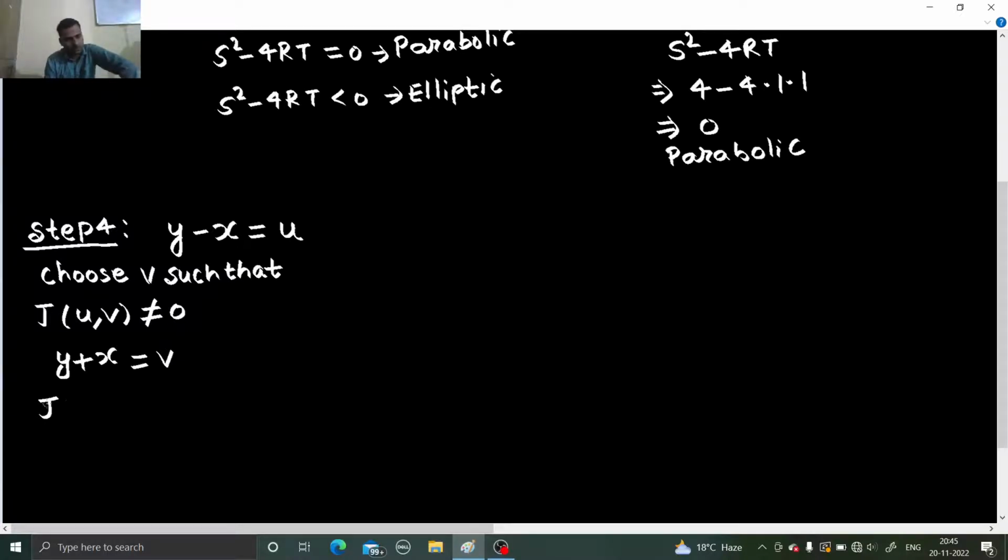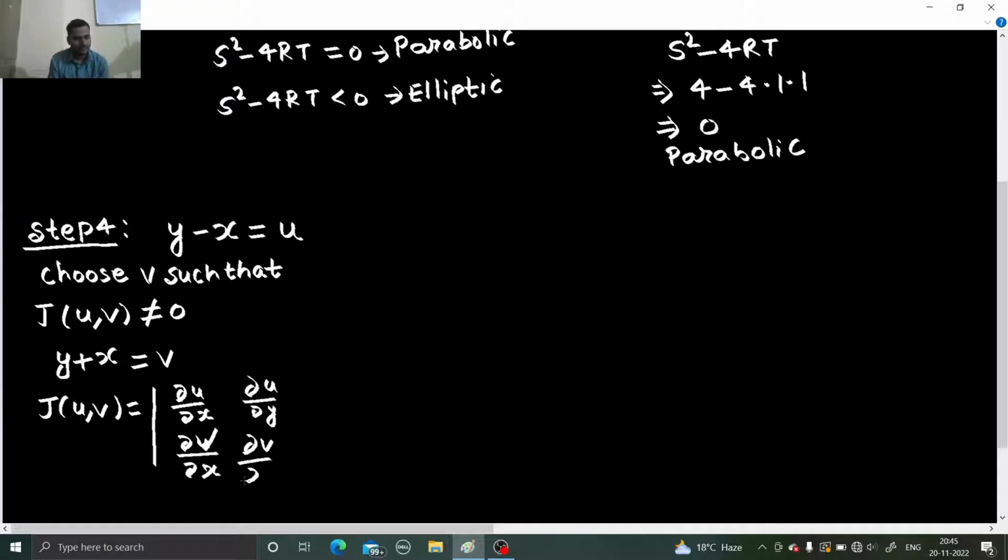Jacobian of u comma v is defined by del u by del x, del u by del y, then del v by del x, del v by del y.